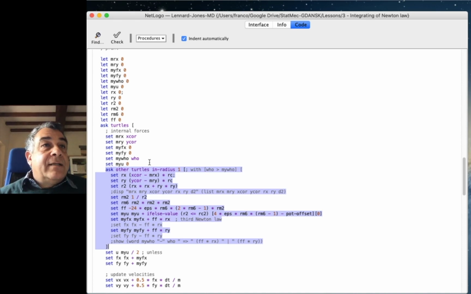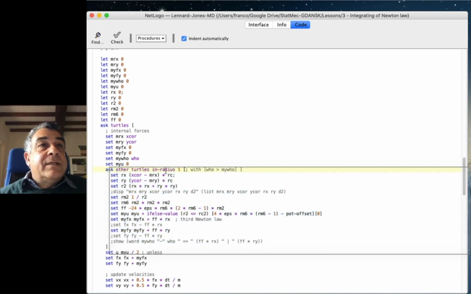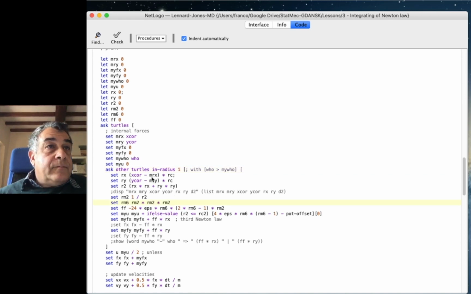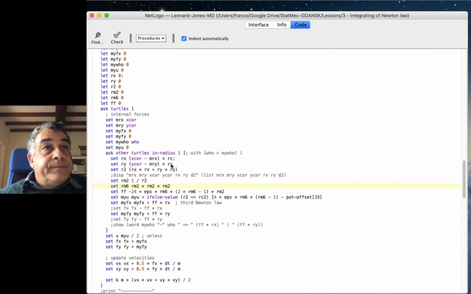When I ask in radius, it simply uses the patches in order to compute which turtles stay in a certain radius. And so I rescaled the epsilon and sigma, so the forces, in order to have a radius equal to 1, but I could have done differently.